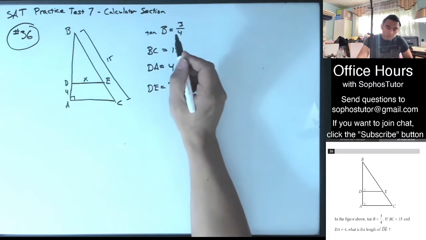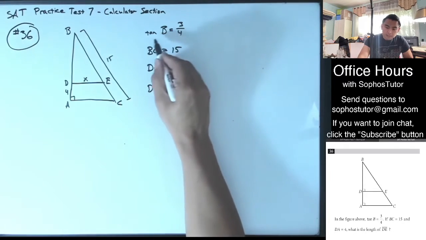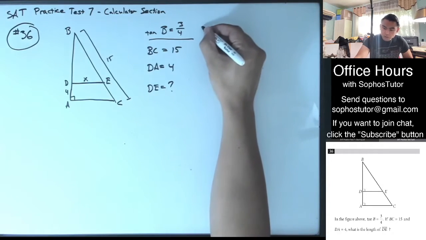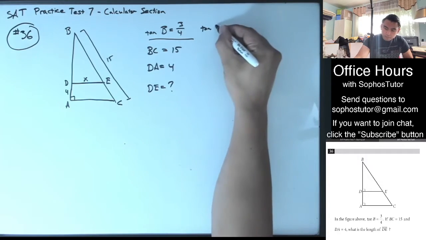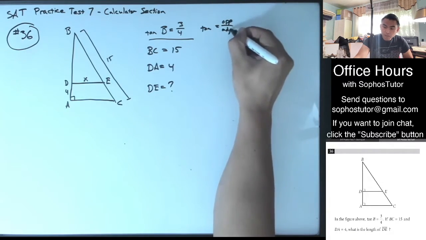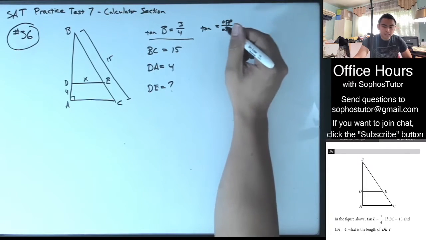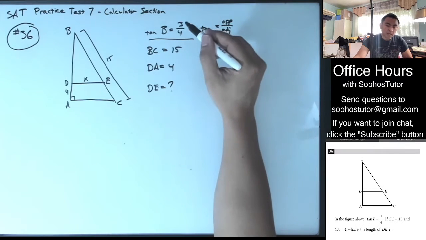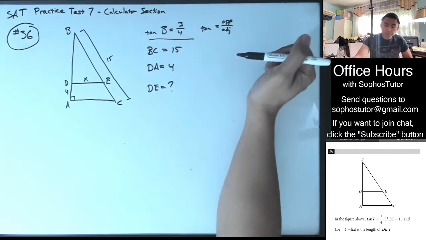Now, I think the big question is, how do we represent tangent of B? Well, first we know that tangent of anything represents the opposite side of a right triangle divided by the adjacent side. What's important to note, though, is that this is a ratio and not an expression of the actual lengths of the sides.